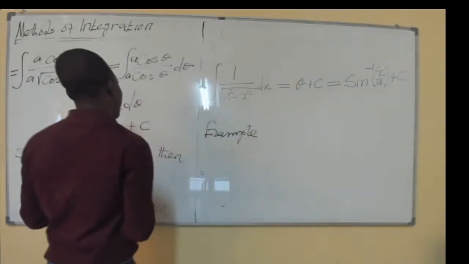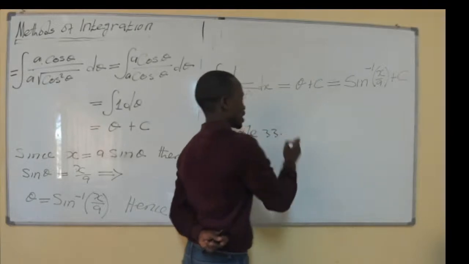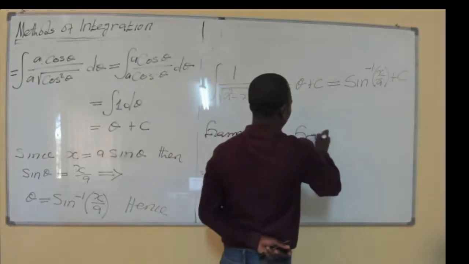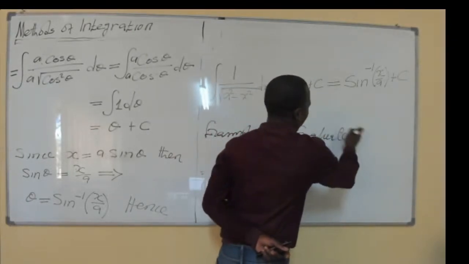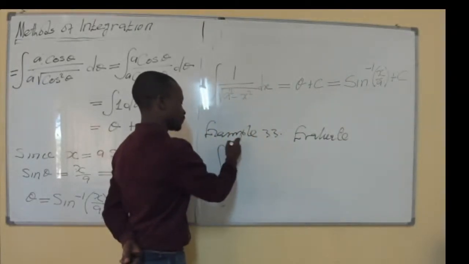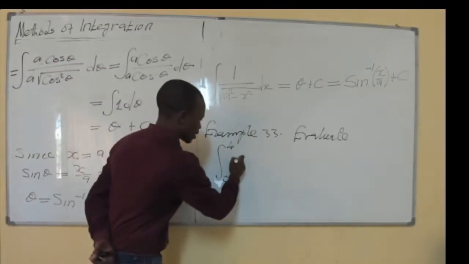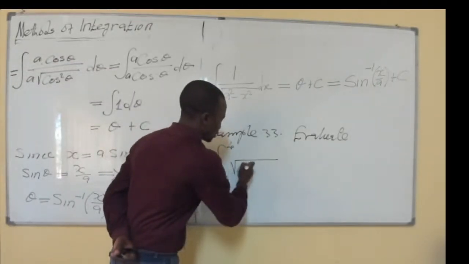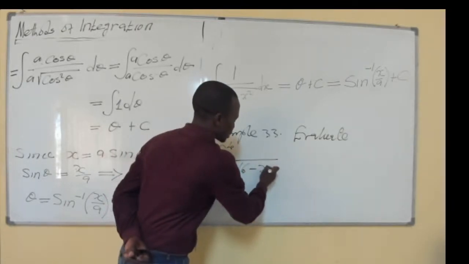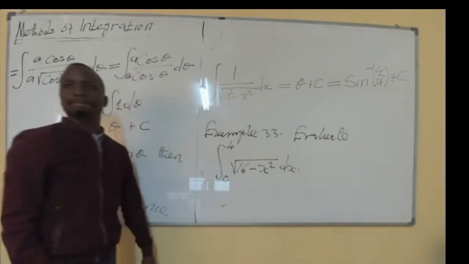This is the last example under this, which is example number 33. We are saying evaluate the integral from 0 to 4 of the square root of 16 minus x squared dx.